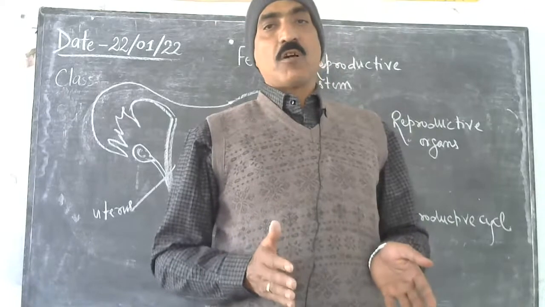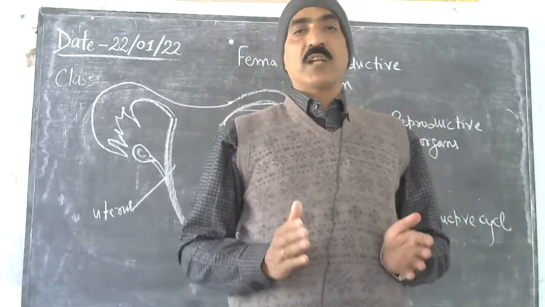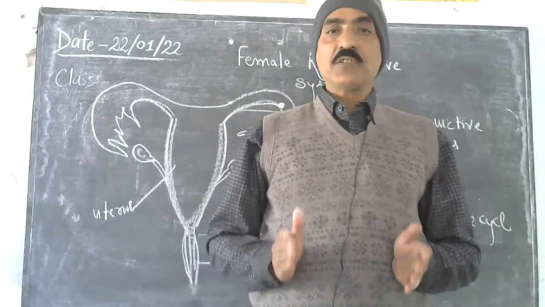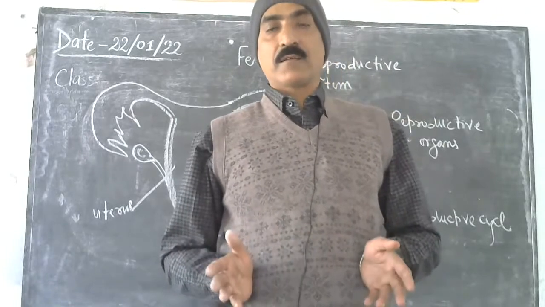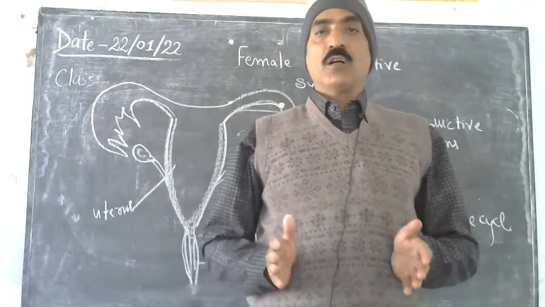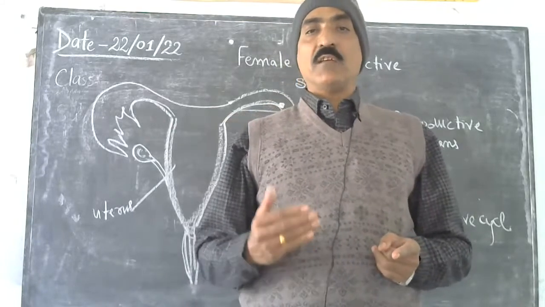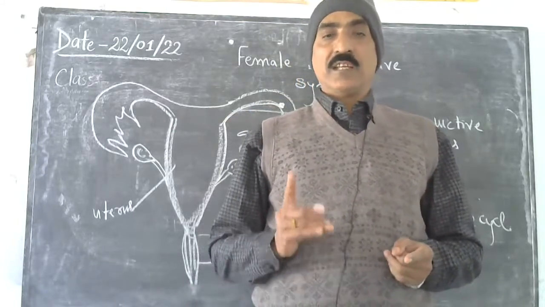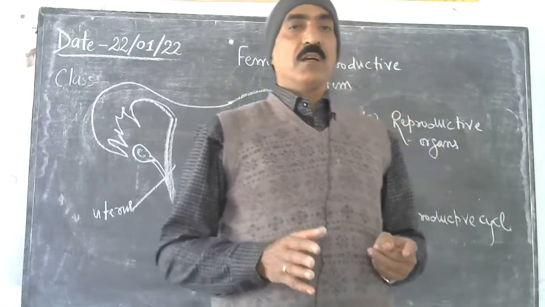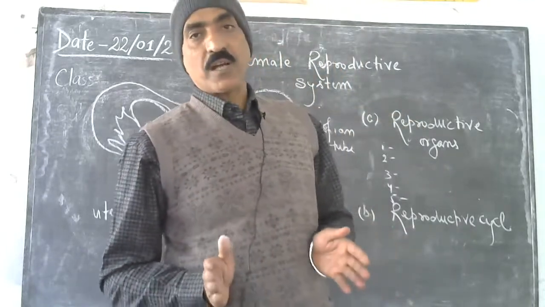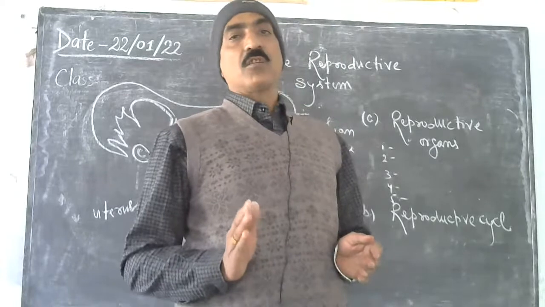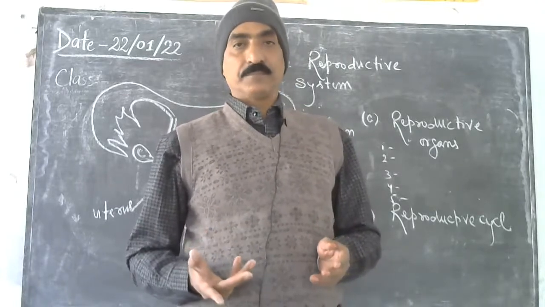Primary reproductive organs in the male or female reproductive system are meant for production of gametes. So the organ that produces the female gamete in the female reproductive system is called the primary reproductive organ, also called the gonad.